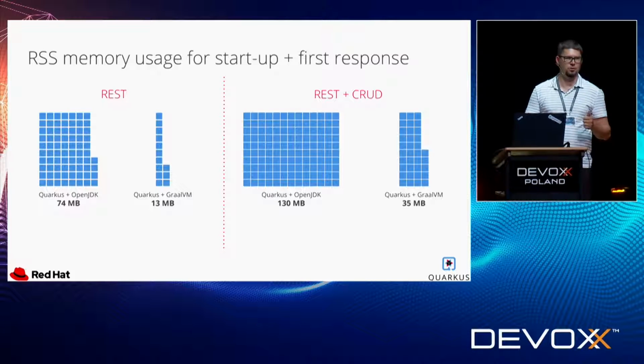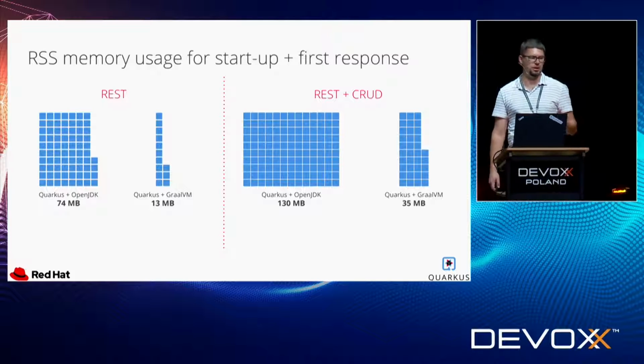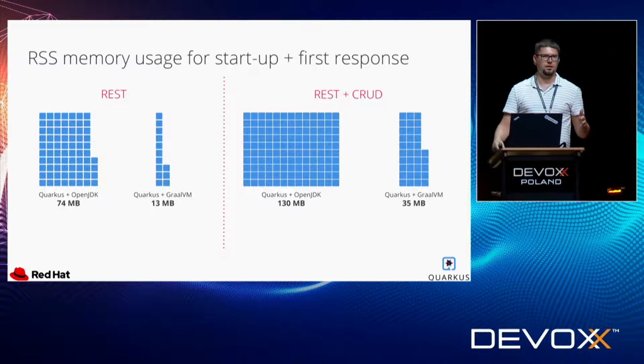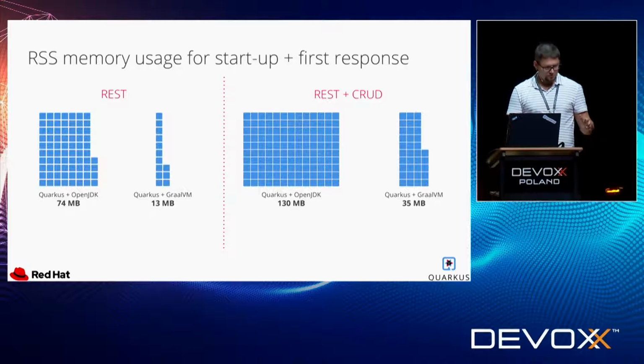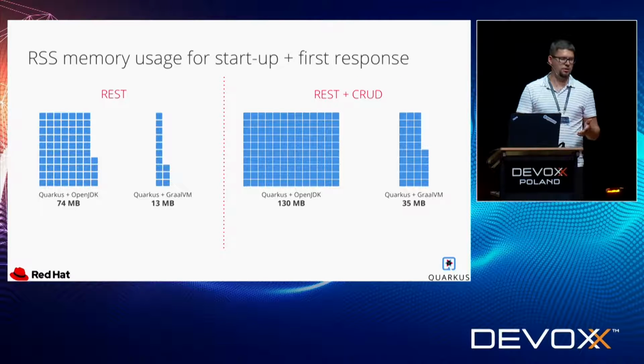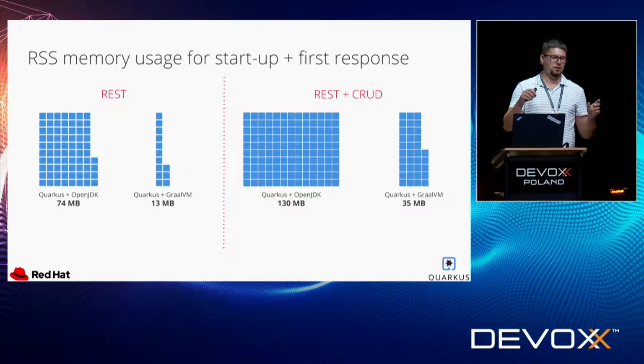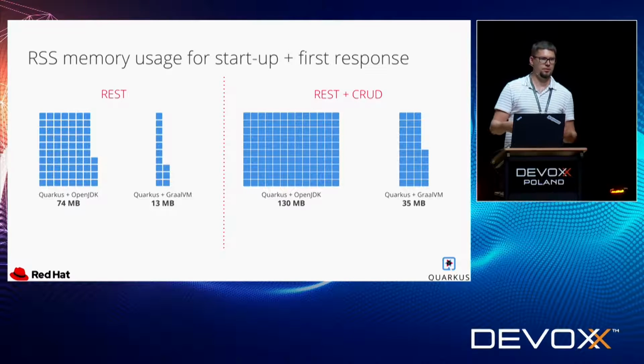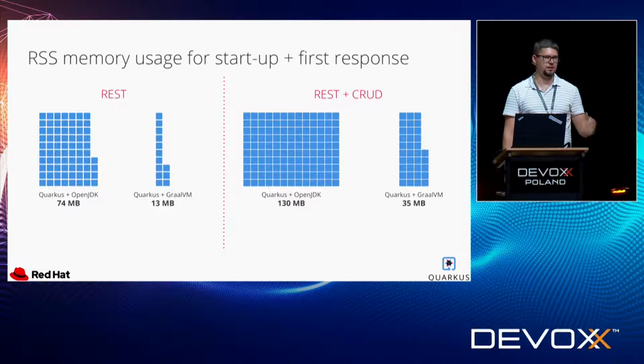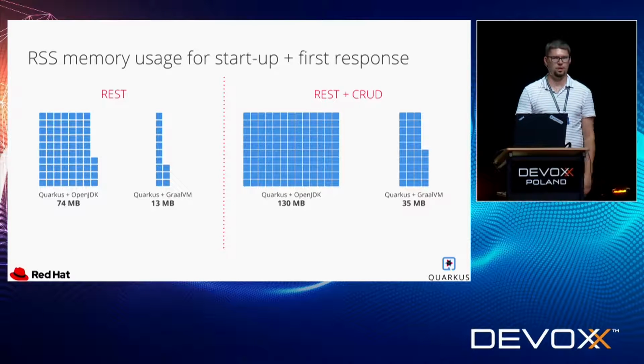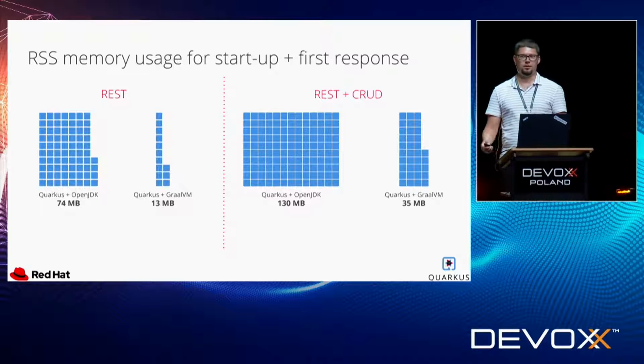First, this is the total memory used by applications, so not only heap, but everything the JVM adds, like code cache, etc. And the second thing is that what's measured here is not only values after startup, but values after startup and handling the first request, to make sure that any lazy initialization doesn't hide anything from us.